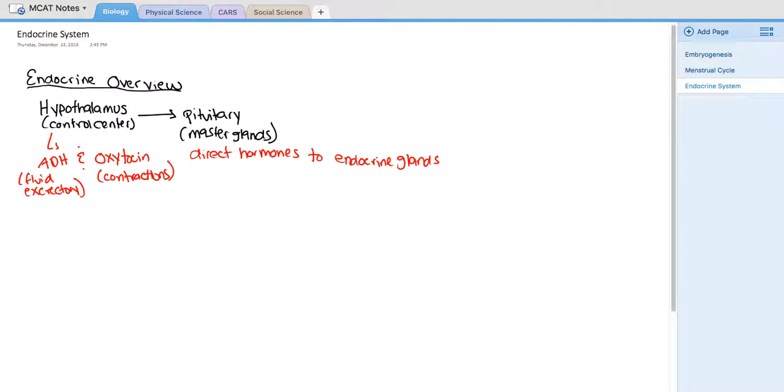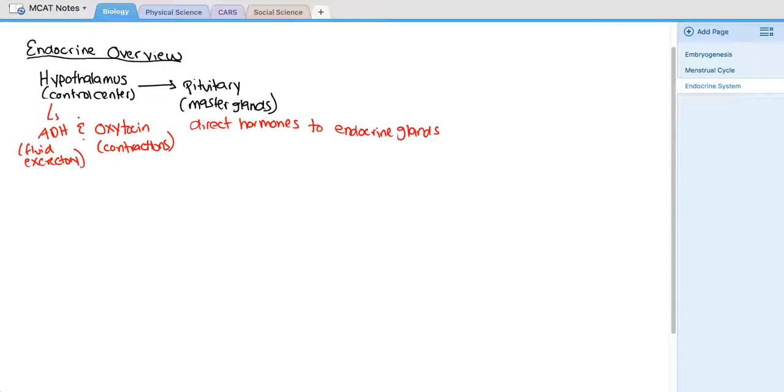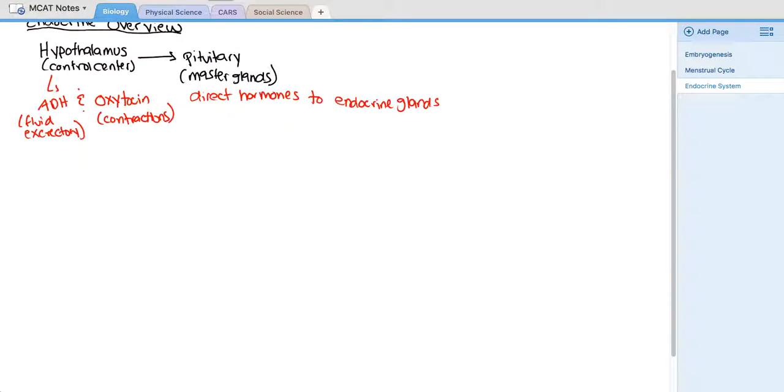Okay, so in the endocrine system, you're going to have a whole bunch of different types of glands that hormones act on.